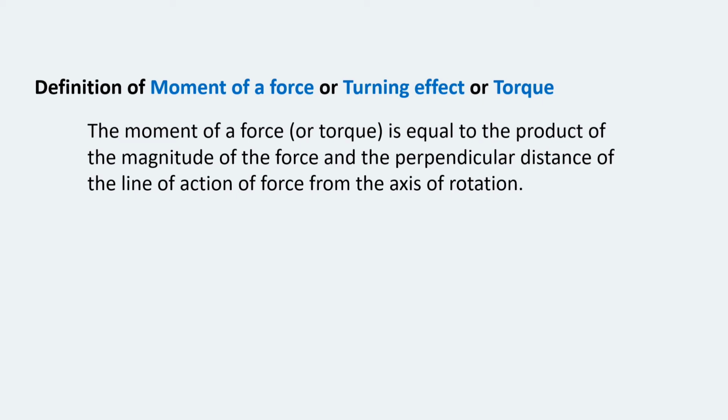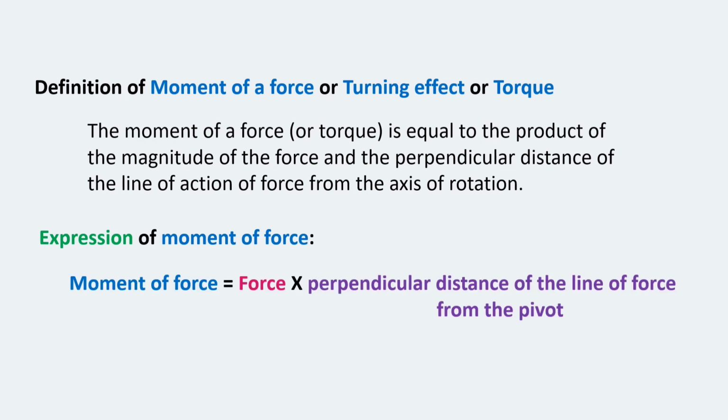Now you know the meaning of magnitude of the force, that is the force applied, and perpendicular distance is the distance from the point of force to the axis of rotation, that is the pivoted point. So the expression of moment of force is: moment of force equals force times the perpendicular distance of the line of force from the pivot.